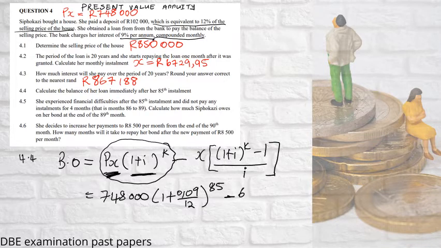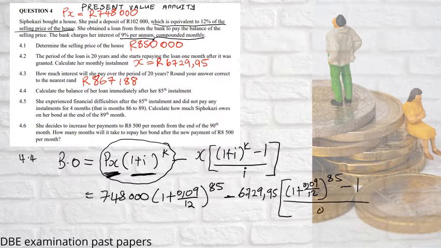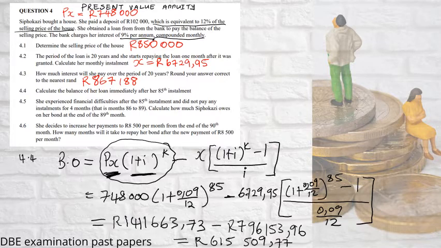So we are going to subtract 6,729.95, but we want to determine its future value, to say how much the money she was paying has grown to within those 85 installments, right? So 0.09 over 12. Then we will just use a calculator to get the answer there.